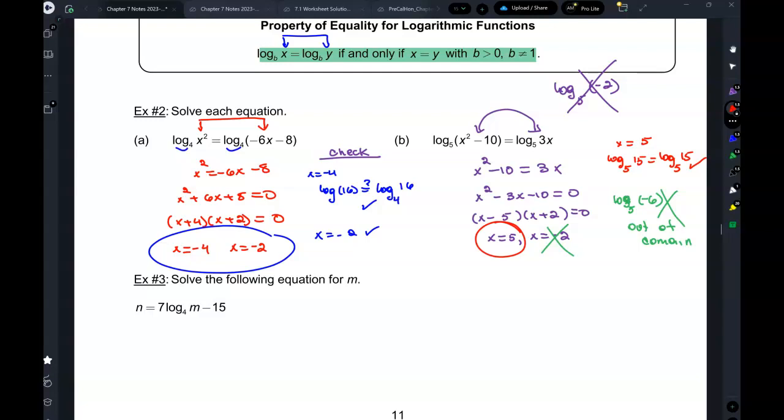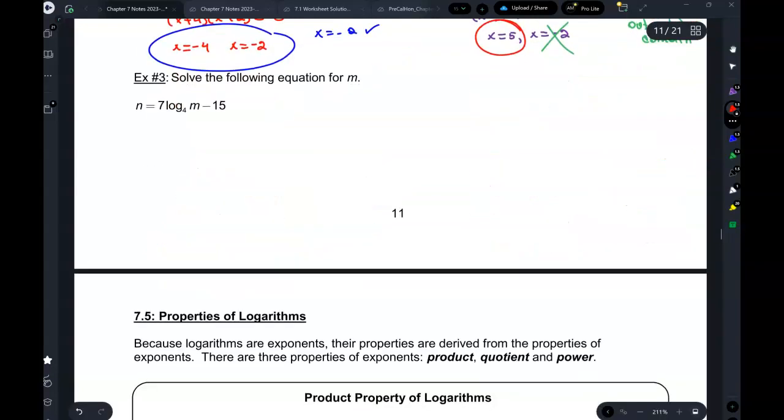Okay. All right. So take a look at this one. We're going to solve this one for m. Okay. So to solve for m, first I've got to get rid of the 15. So I do plus 15 on both sides. n plus 15 is 7 log base 4 of m.